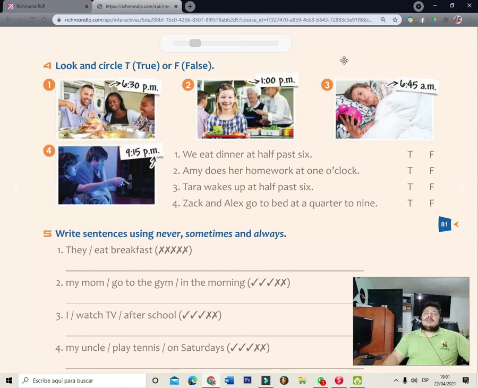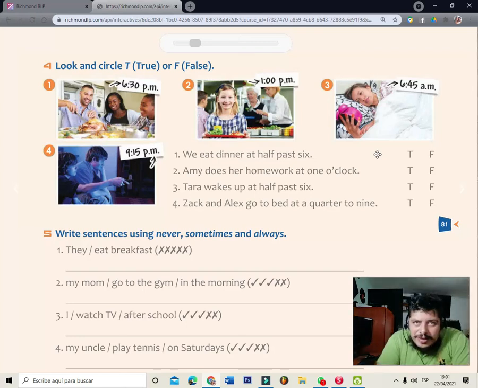Number 3, 6:45 a.m., and we can see a person looking at his alarm clock, thinking if she really needs to get up. And number 4, we have 9:15 p.m. So what we have to do is, with a circle, select T or F, right?